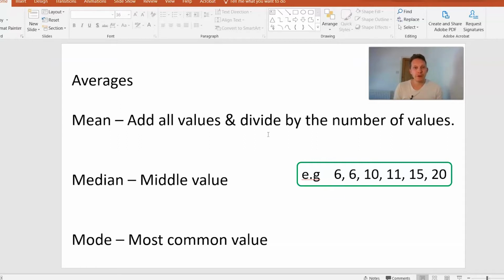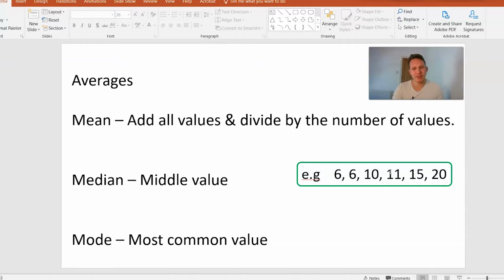Mean is great for including all the data at the same level and coming up with the average number for all that data. Median then, the middle value, that's where we put all the numbers in order and find out which one's the middle. So you can see out of my 6 numbers, if I was to cross the outside off, then the next one, I'd end up with 2 in the middle here, 10 and 11, and I'd find the middle number between those two.